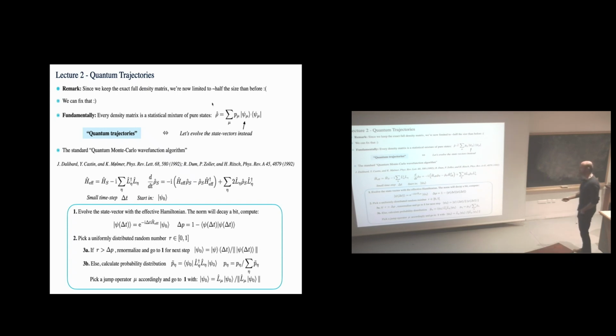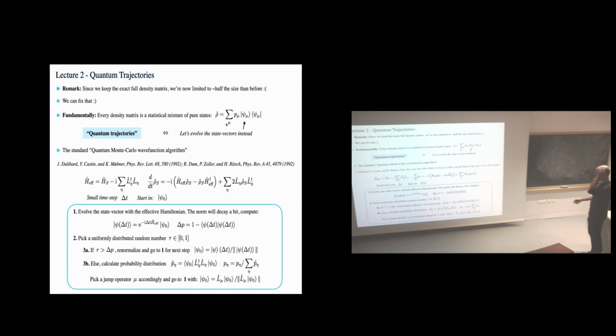So the fundamental idea of this quantum trajectory technique, initially also known as the quantum Monte Carlo wave function algorithm, introduced in the early 90s, is that instead of evolving this whole beast, the density matrix, we usually start from a simple pure state anyway. So let's find some description of evolving the pure state instead, and do this many different times, or a few times, to get a good statistical approximation of our density matrix for the type of observable that we're actually interested in.